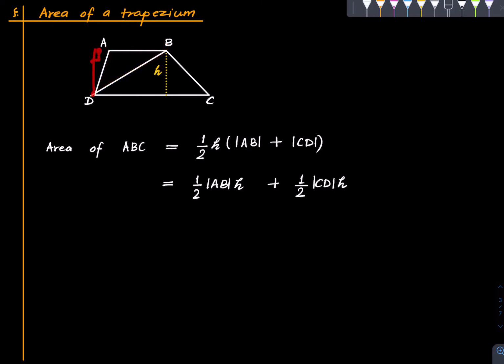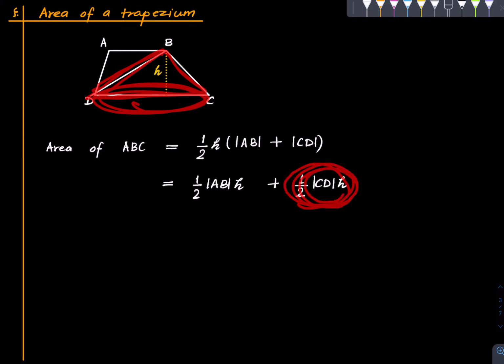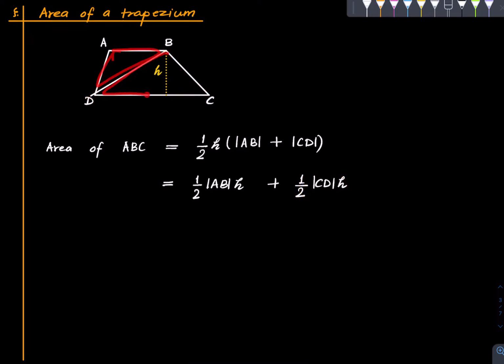The height would then be H. So the area of triangle ABD is half times AB times H. And the area of triangle DBC, by the same reasoning, if you think of this as the base, is half of CD times H. The sum of these two areas is the total area, and that's it. So this is a formula that we know.